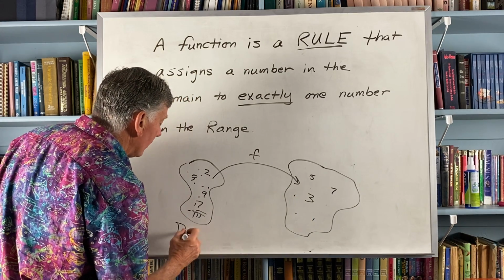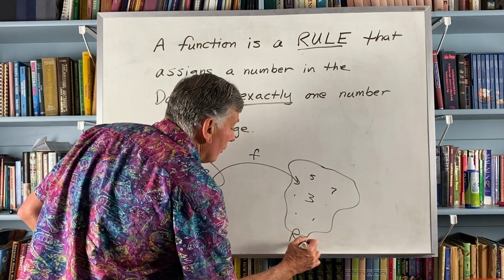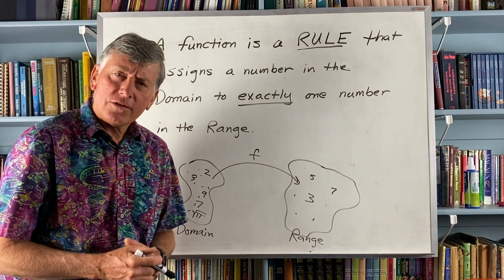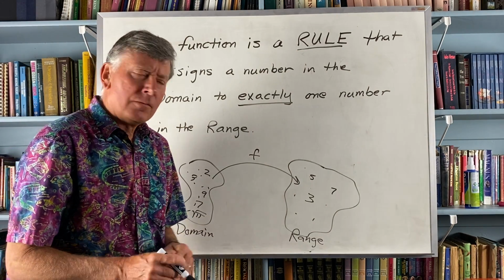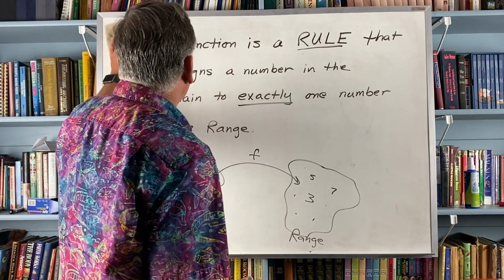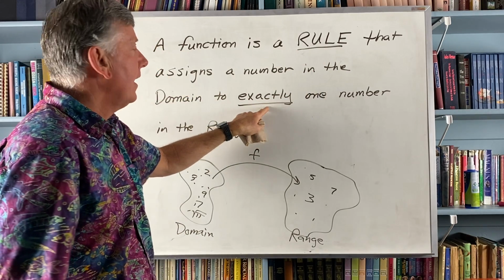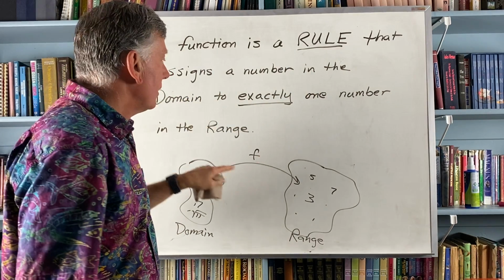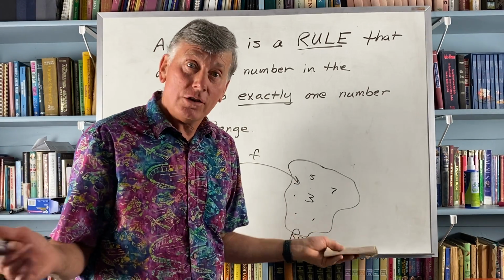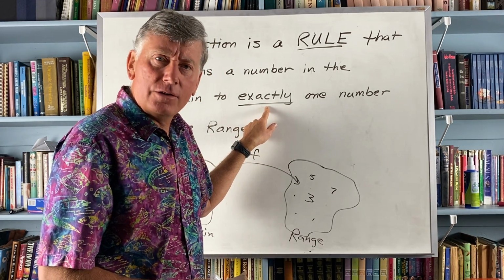This is what we call the domain, and this is what we call the range. So far, so good? Two words, rule and exactly, because there are things that could be called functions. They look like functions, but they don't fit the exactly requirement.